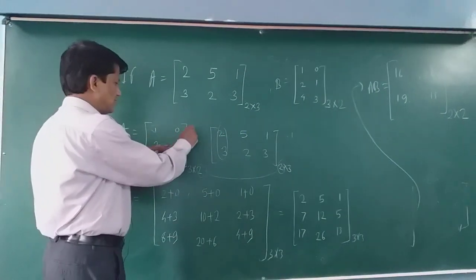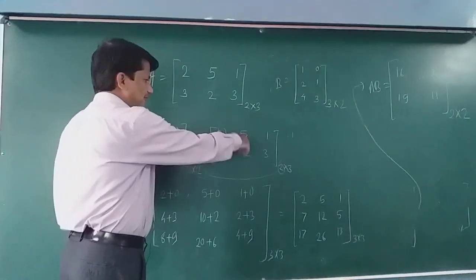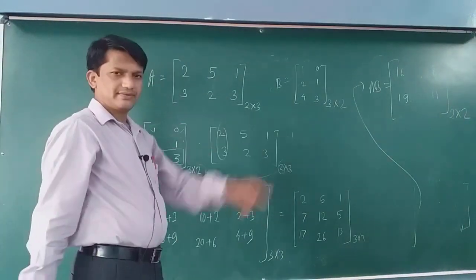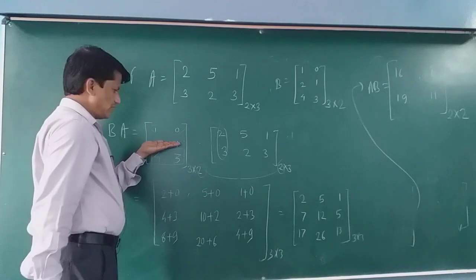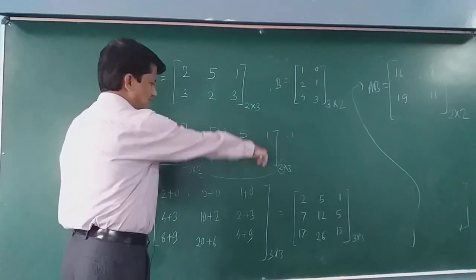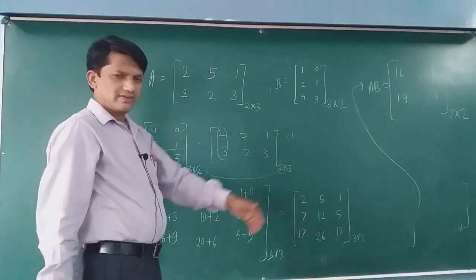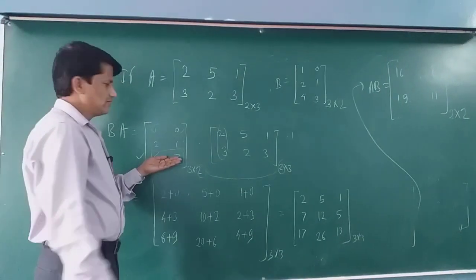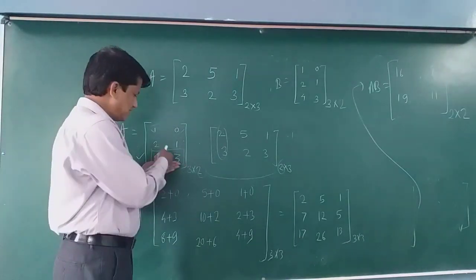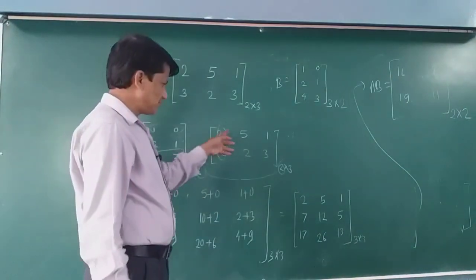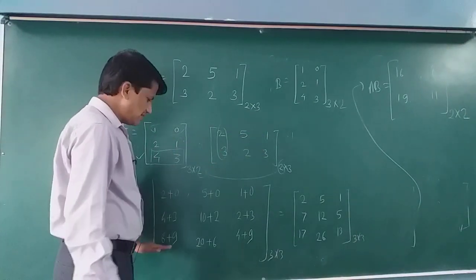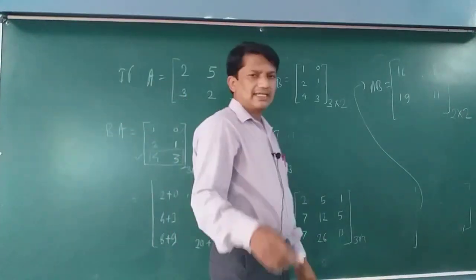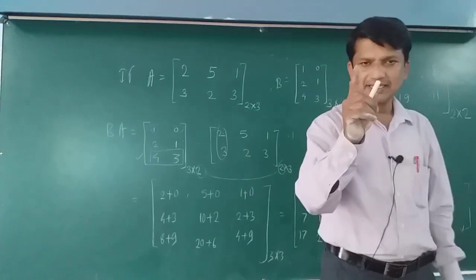Select the first row, multiply with all columns, and we complete the first row. Select the second row, multiply with all columns, and we get the second row. Select the third row, multiply the corresponding elements with the corresponding elements of the second, and we get the third row. Thus we get AB as well as BA.